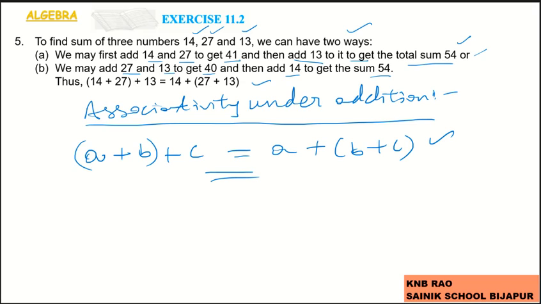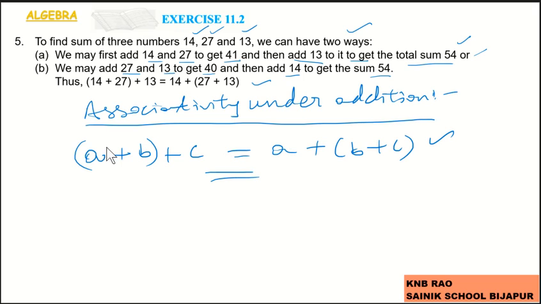Students, this is how we can generalize this explanation of the sum of any three numbers. However they are added, their sum remains the same. So we formed a rule in this regard, and this rule is called associativity under addition.